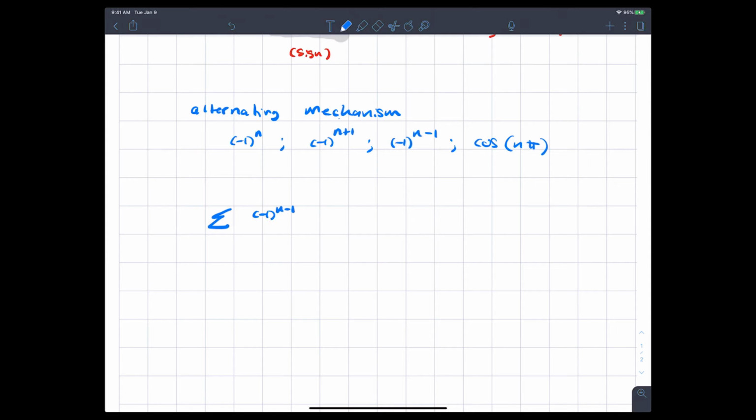Negative 1 to the n minus 1 over maybe n, and you could say this starts at 1 and goes to infinity. So now n is 1.